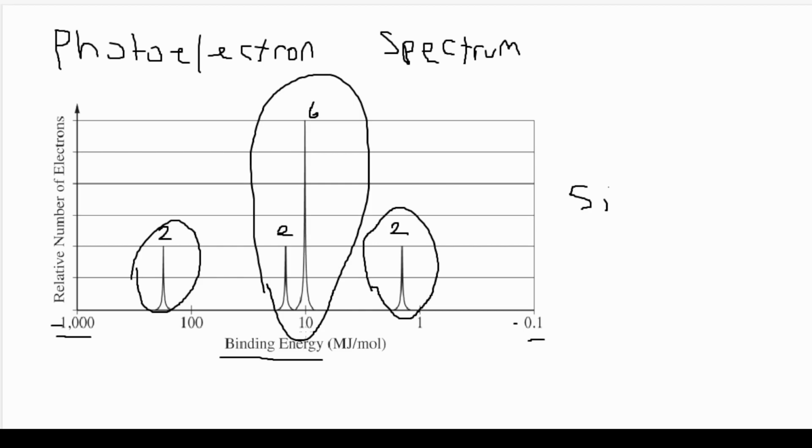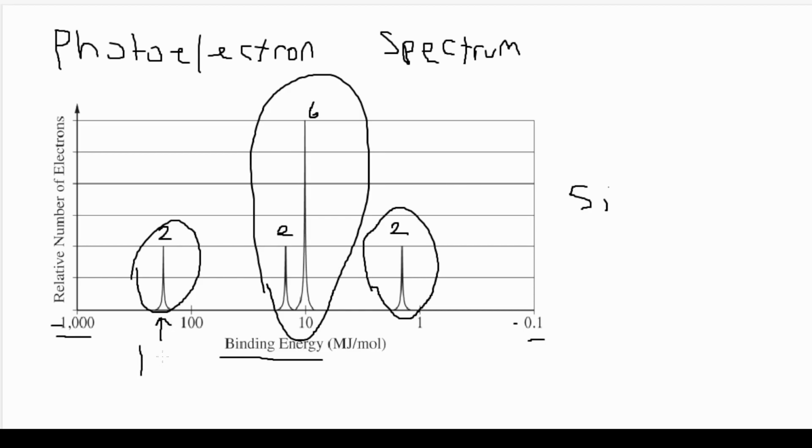If you remember from the last episode, we have Coulomb's law, which says that force and distance are inversely proportional. So if you have less distance between two charged particles, they experience a larger force, which means they have more energy. So the electrons closest to the nucleus, the ones on the first energy level, are going to experience the largest force, which means they're going to have the biggest energy. That means this is our first energy level.